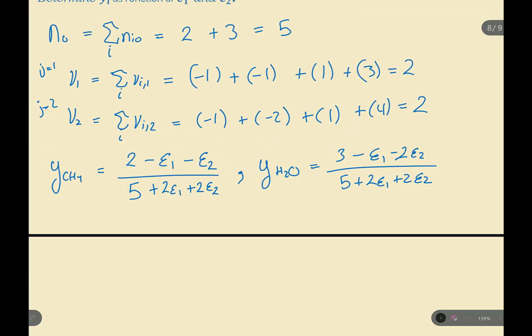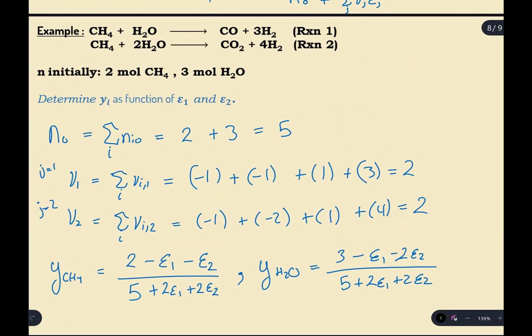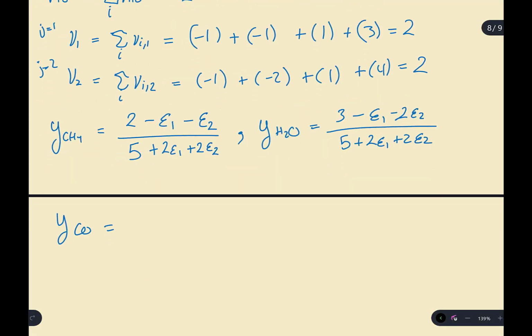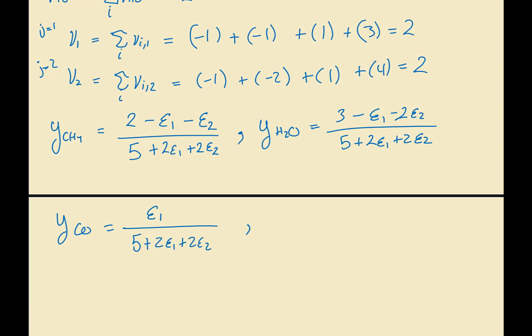And then we'll do the next 3 here. So we have YCO. For carbon monoxide, initially we have 0, and we're only producing it in which reaction? The first reaction. So we only have epsilon 1 divided by 5 plus 2 epsilon 1 plus 2 epsilon 2.